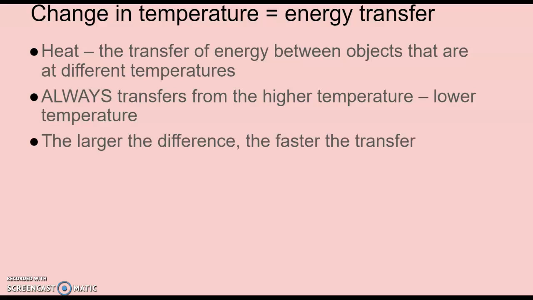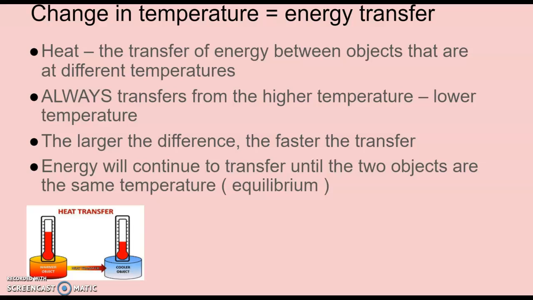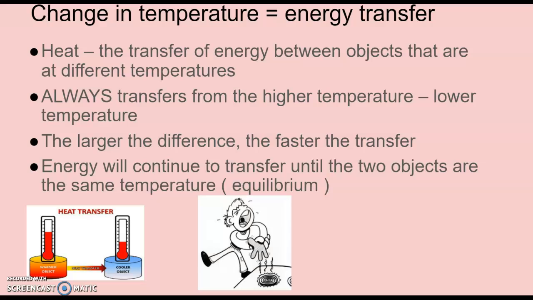If my two objects are very different, that transfer of energy is going to happen very quickly. It will continue to transfer until they reach the same temperature, which we call equilibrium. So we see in this picture, I have the warmer objects transferring over to the colder objects. If you place your hand on a hot stove, that's a big difference in temperature.